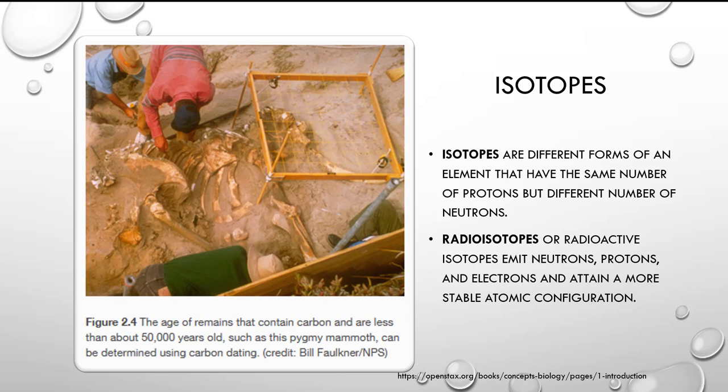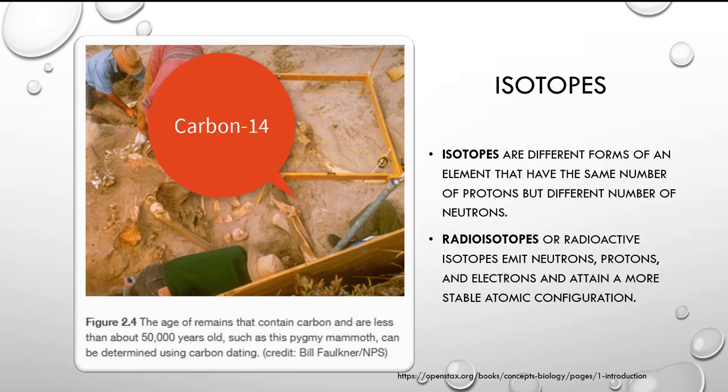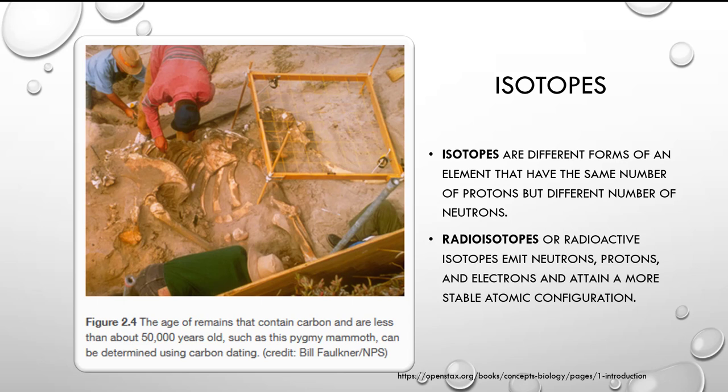For example, each one of us has carbon-14 in our bodies. Carbon-14 is an isotope of carbon. Carbon has 6 protons, and its most stable form has 6 neutrons. So 6 plus 6 equals 12, but this one has 14, which means it has 8 neutrons.